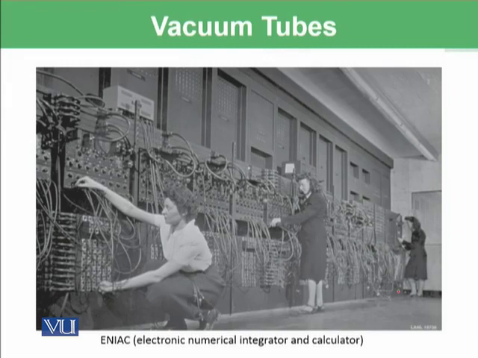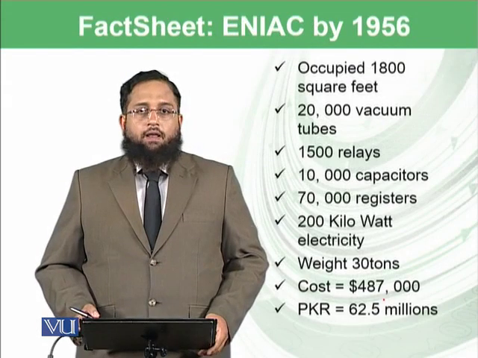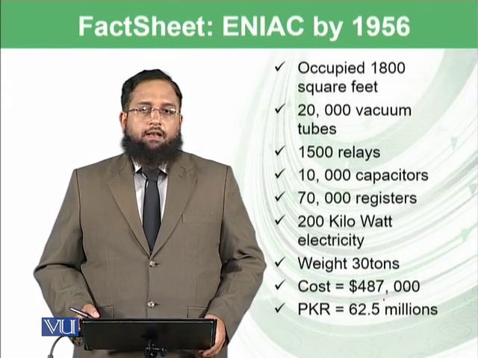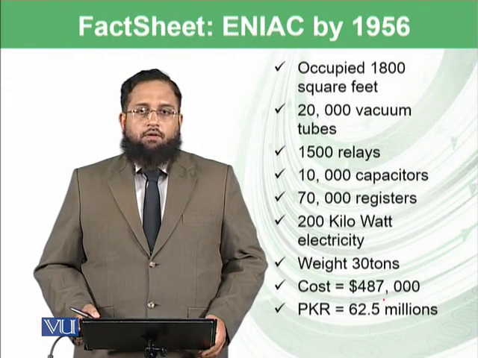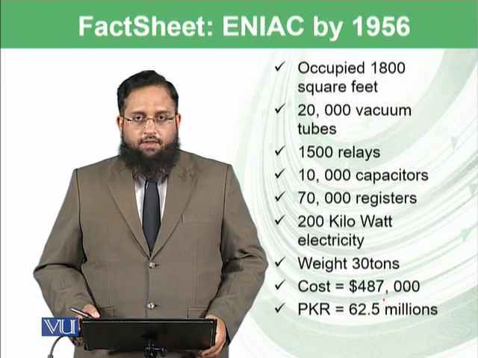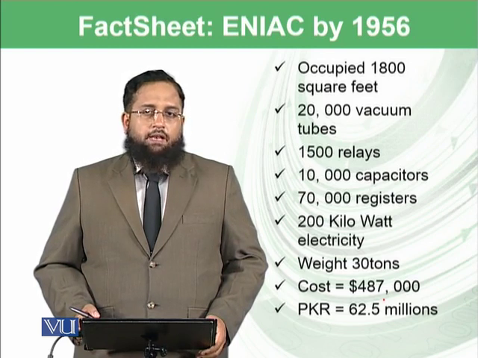You can see that this is a huge computer having a lot of vacuum tubes, and it only produced very small calculations. Even your smartphone nowadays is smarter than these kinds of large computers. This computer occupied 1800 square feet at that time, which is equivalent to about a 10 marla house. So this computer could only be stored in such a large location.